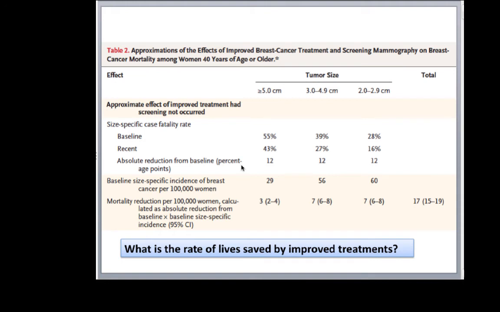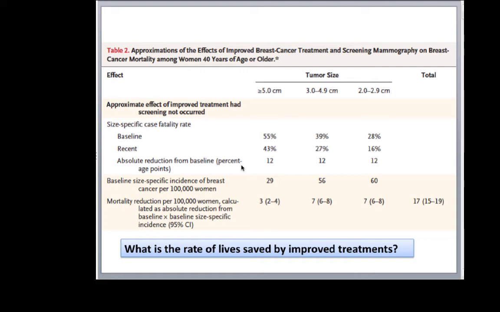So I wanted to bring back that last table in the paper that we discussed because it really brought in a lot of these calculations that we've just talked about. I think it's helpful to look at this paper as a way to test ourselves on whether we truly understand what incidence and case fatality are actually talking about.